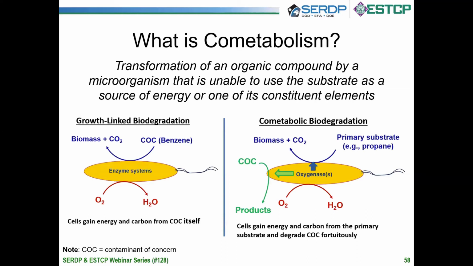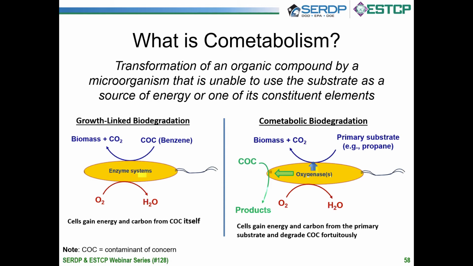So if you look at the right, the co-metabolic biodegradation process, these cells do not gain any energy or carbon from degrading these contaminants. Actually, they won't degrade these contaminants until you add another substrate, a primary substrate such as propane or methane or something similar that can get these oxygenases expressed in these organisms, and then they're able to degrade these different contaminants.